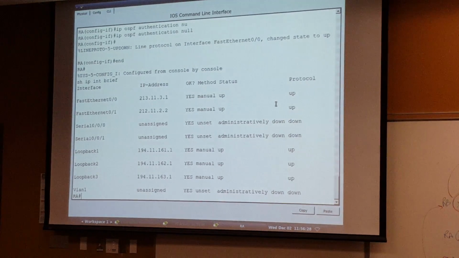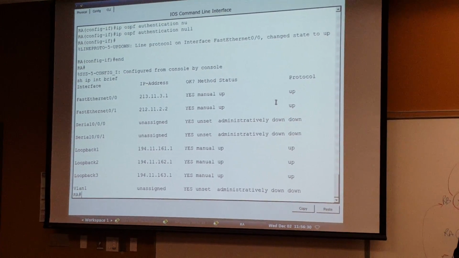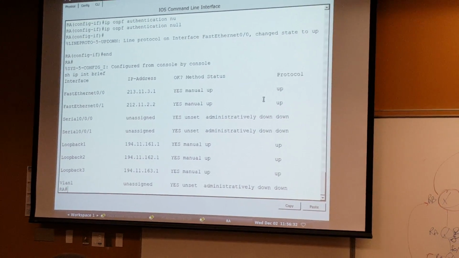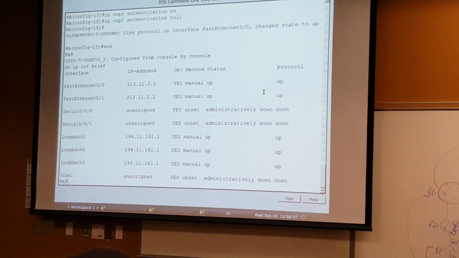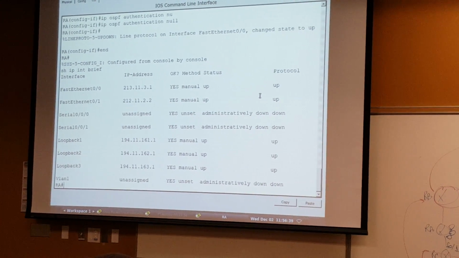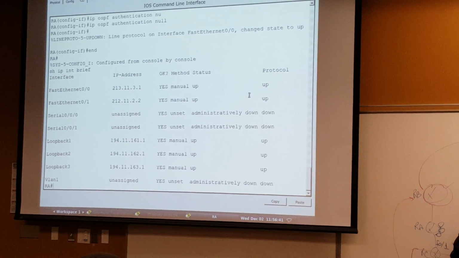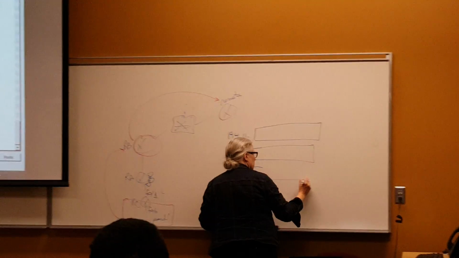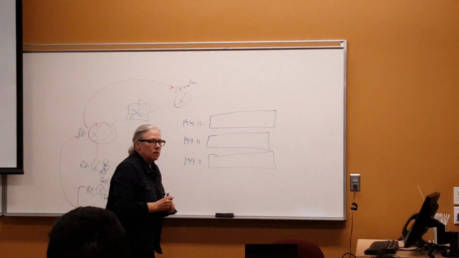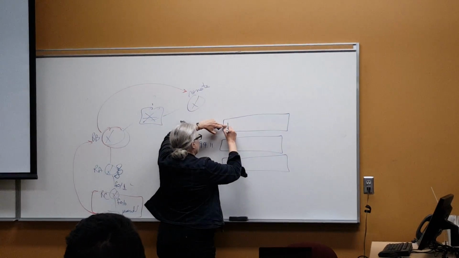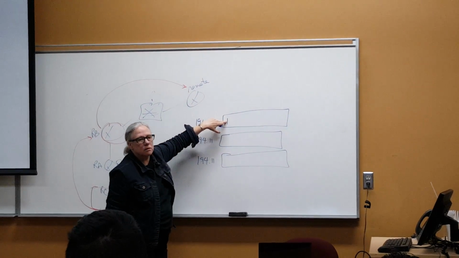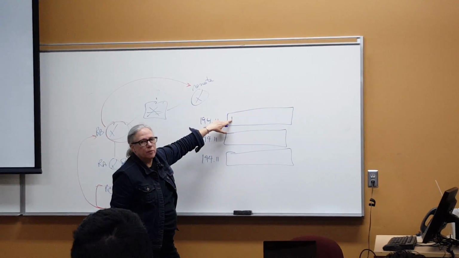So 194.11, 161 will be our interesting octet. 128.